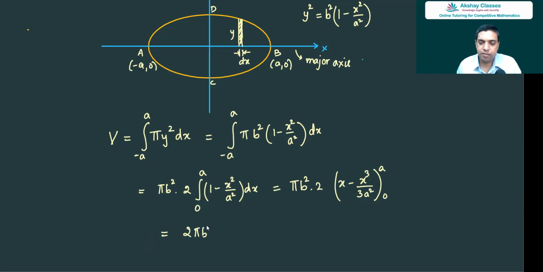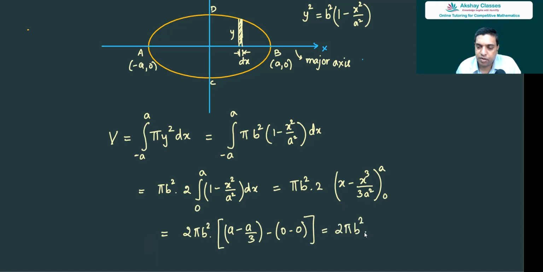So 2 pi b square times a minus a cube by 3a square. You will get a by 3 minus of 0 minus 0. This is 2a by 3. 2 pi b square into 2a by 3 is 4 pi a b square by 3.